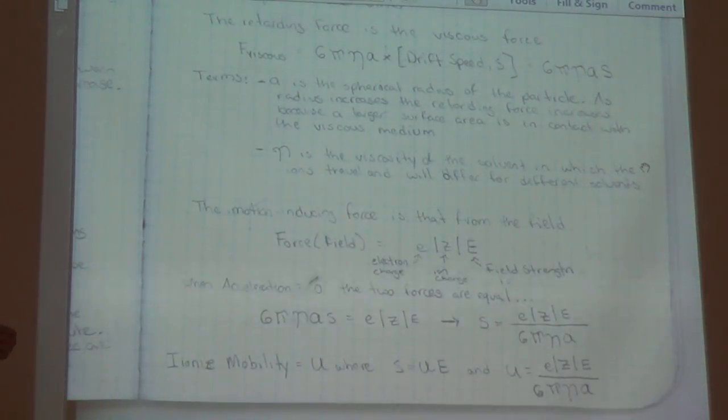And so its motion is being resisted by the forces from the other objects in solution with it. And the faster it moves, the greater the magnitude of those forces becomes. And so the drift speed of an ion is analogous to that terminal velocity for a falling object in gravity.